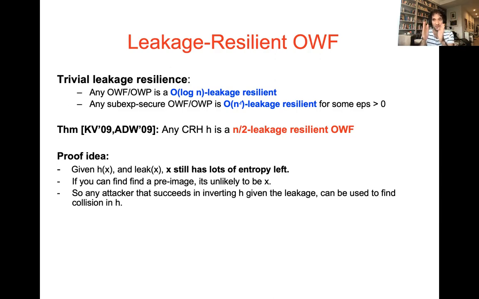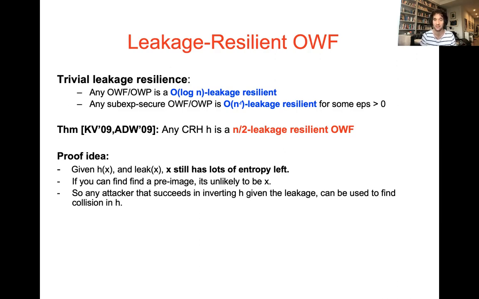In fact, even if I give you h of x and some leakage on x, as long as this leakage is small, there is still a lot of entropy left in x. So what this means is that if we have some attacker that given h of x finds a pre-image to this function h of x, it's very unlikely to be the actual x because x has so much entropy in it, right?